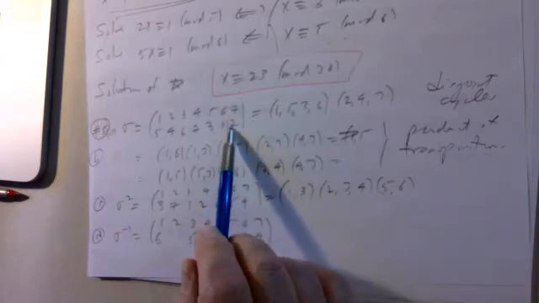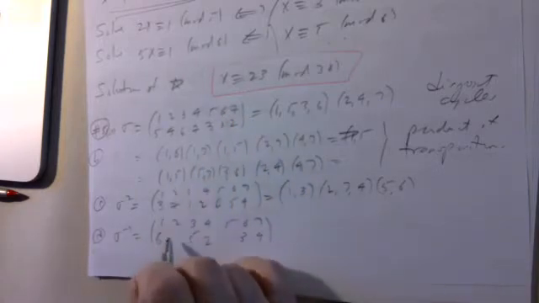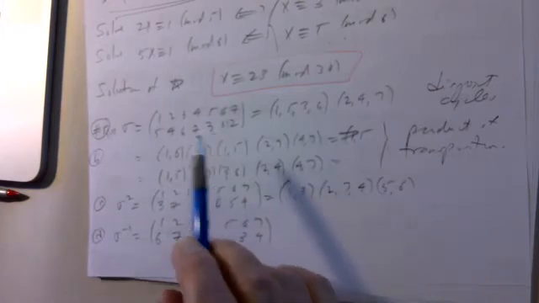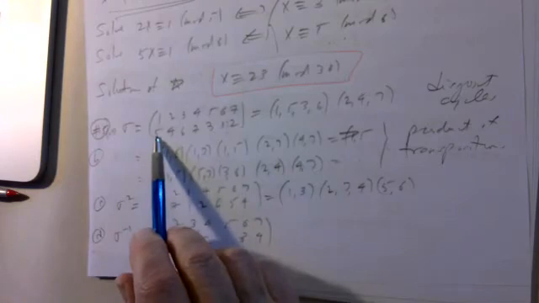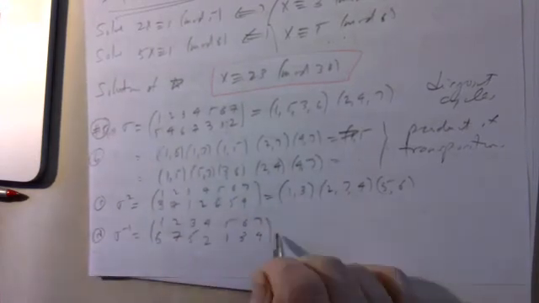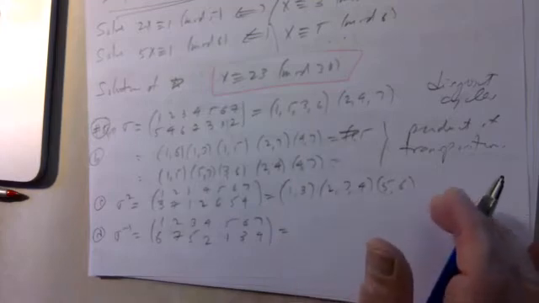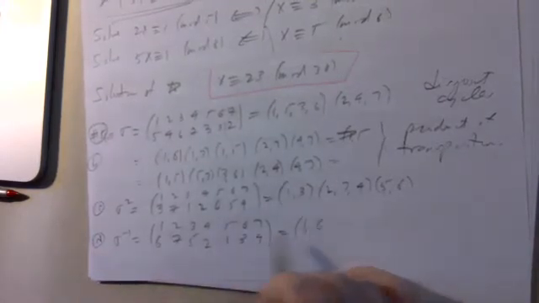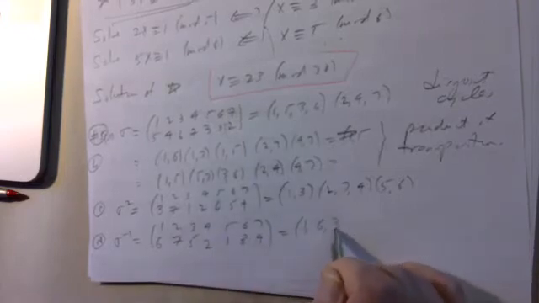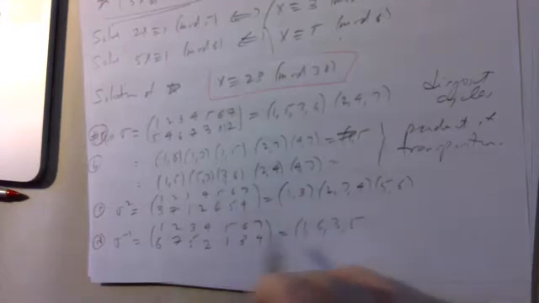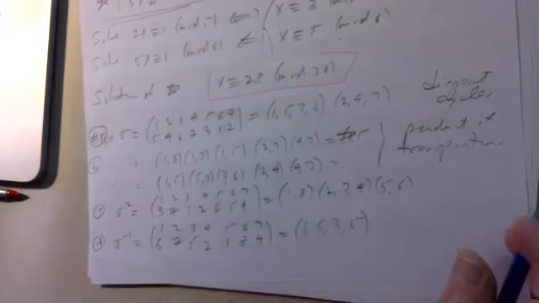7 goes to 2, so the inverse sends 2 back to 7. And 1 goes to 5, so the inverse sends 5 back to 1. So this is sigma inverse. And if you write this as a product of disjoint cycles, 1 goes to 6, 6 goes to 3, 3 goes to 5, 5 goes back to 1.